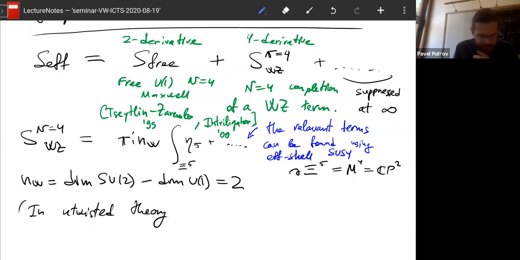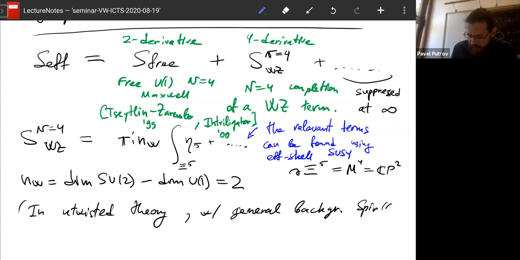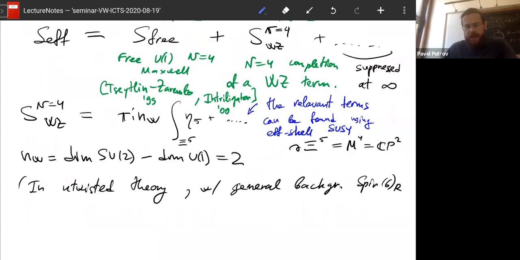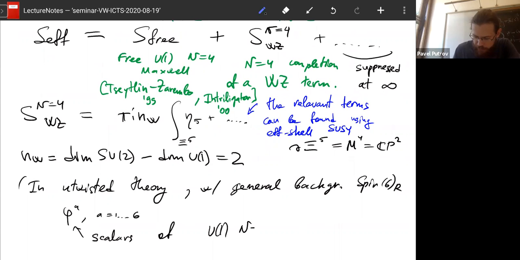It's easy to write it in the untwisted theory, but with general background spin 6 symmetry, and this is enough to rewrite this term in the twisted theory. In particular, we denote phi^I, where I equals 1 to 6, the scalars of the U(1) N=4 vector multiplet.